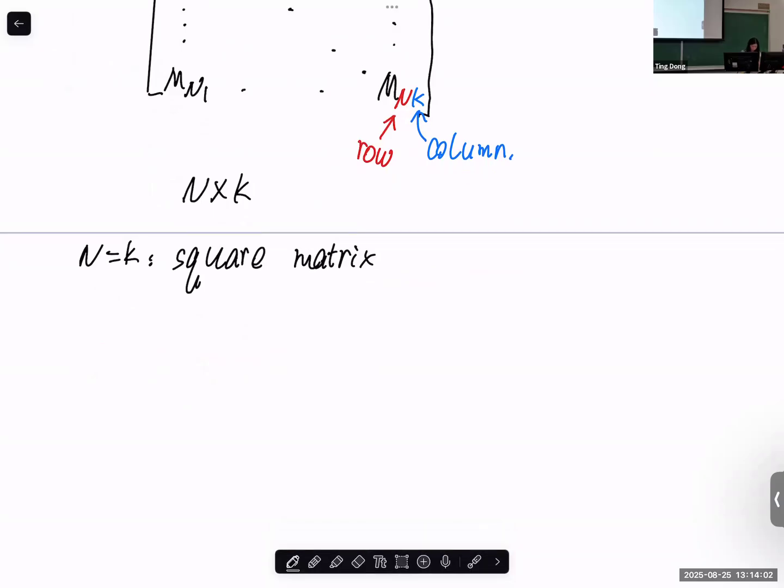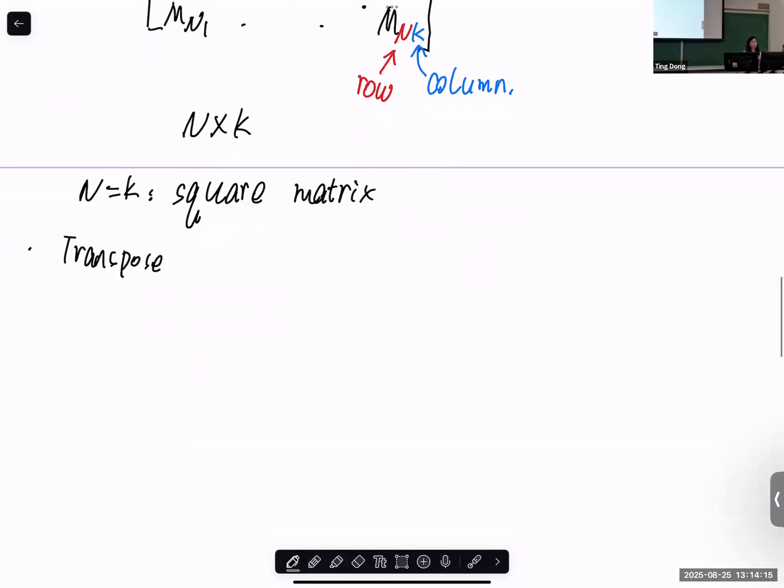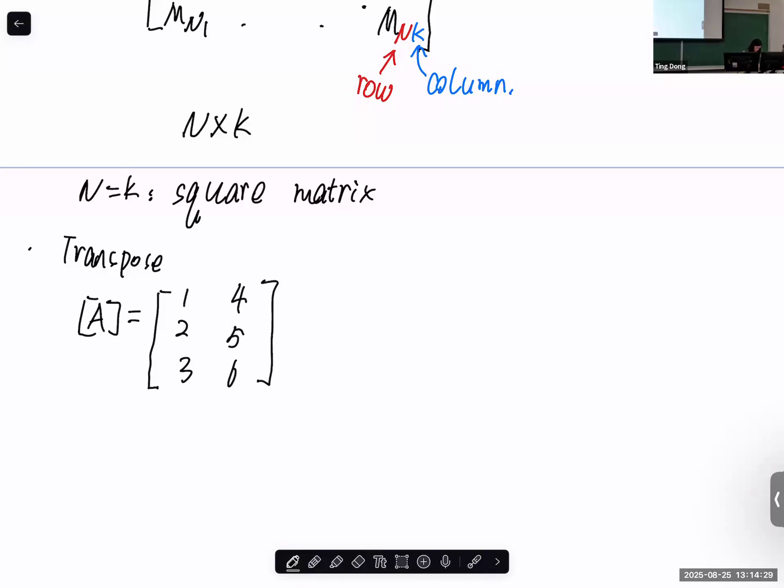And there are some small concepts I want to talk about for the matrix. The first one is transpose. And of course, it's just switching rows and columns. So I just use a simple example here. Let's assume that we have a matrix with six components, 1, 2, 3, and then transpose.